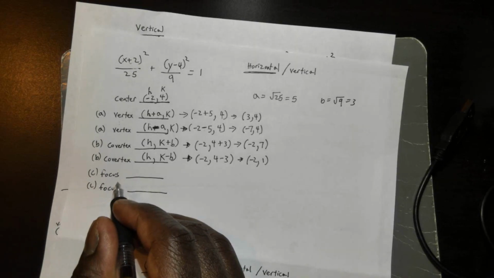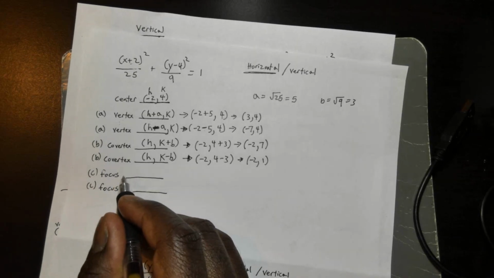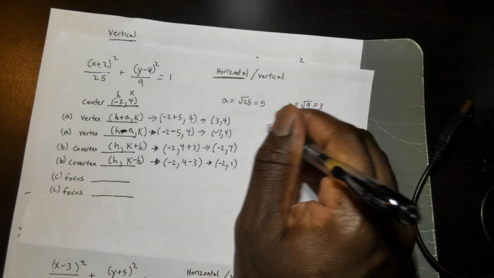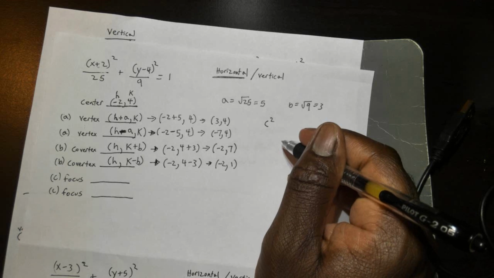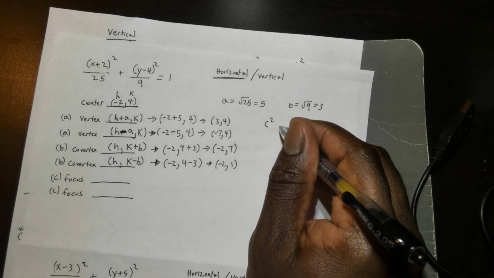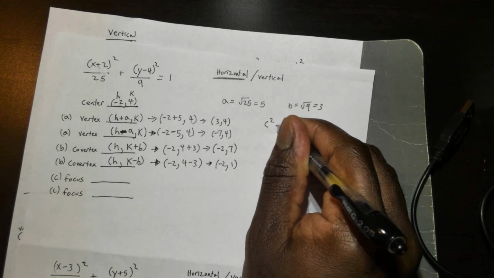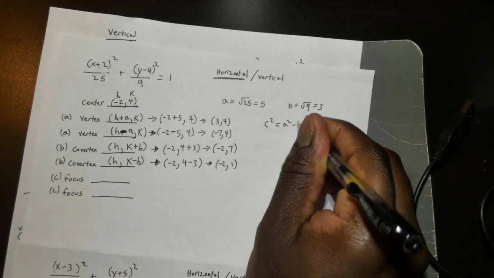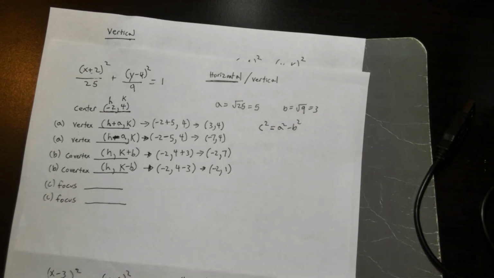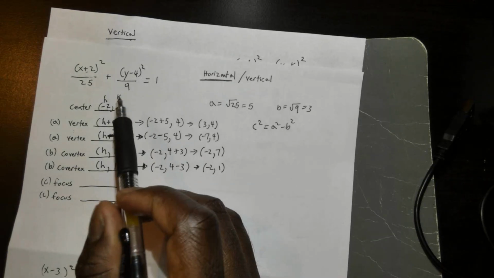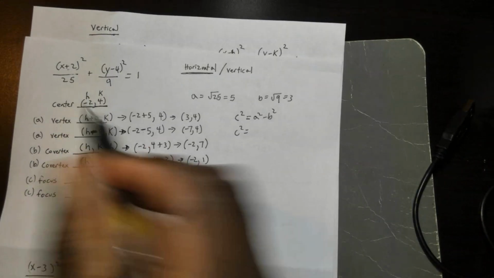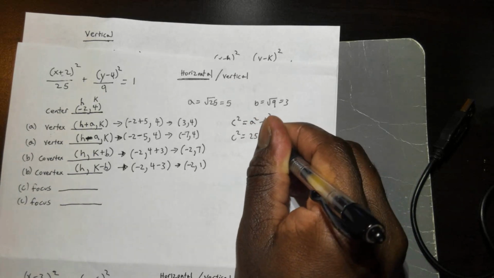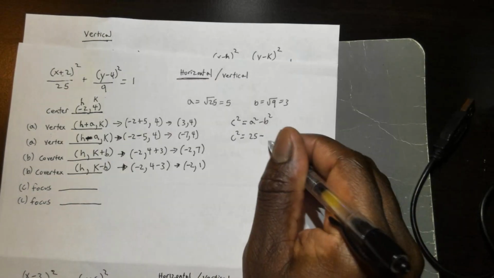For the focus, this one has a little extra step to it. So there's a formula that looks a little like Pythagorean theorem. You know, Pythagorean theorem says c squared equals a squared plus b squared, but this formula says c squared equals a squared minus b squared. So we know that c squared will equal, remember a squared was 25, minus, and b squared is 9.